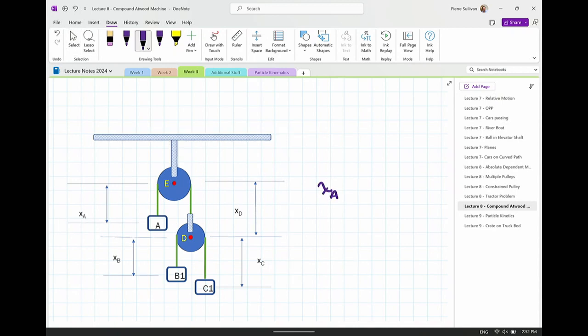So XA plus XD equals length 1. XB plus XC is equal to length 2. Right. So I have there two lengths, and maybe I should have called it something else, but it's okay. So XB, XC, XD, XA. Okay, great.